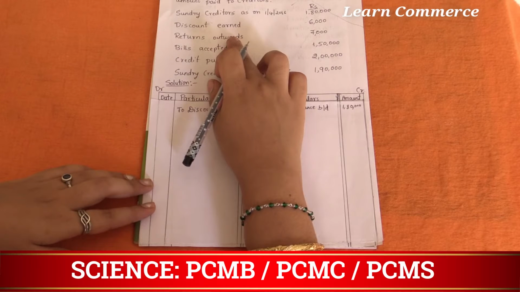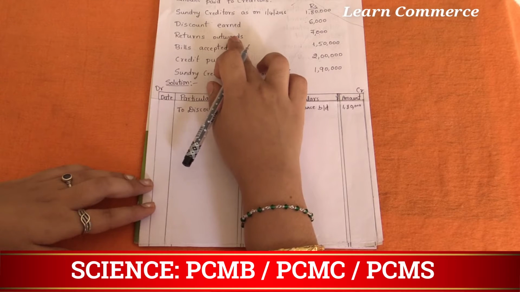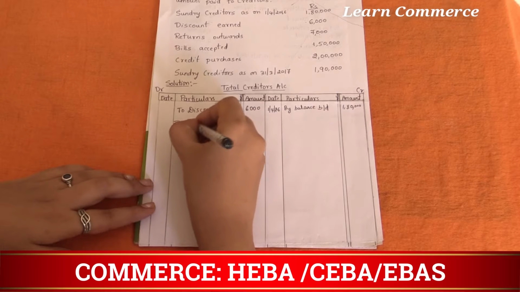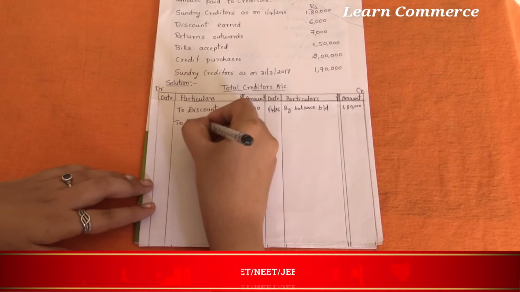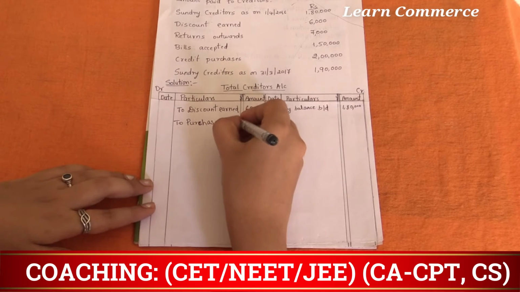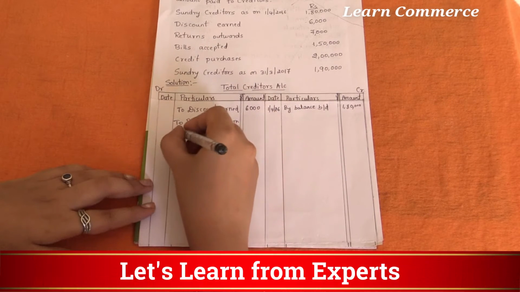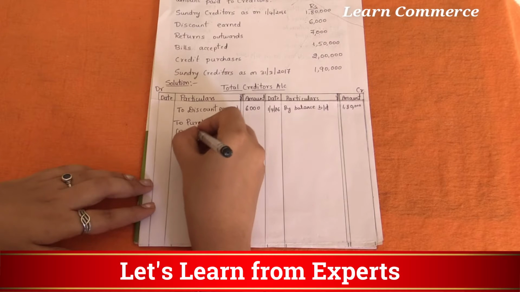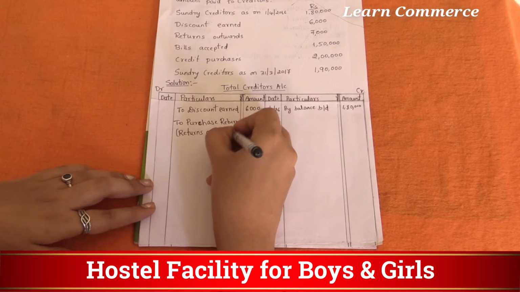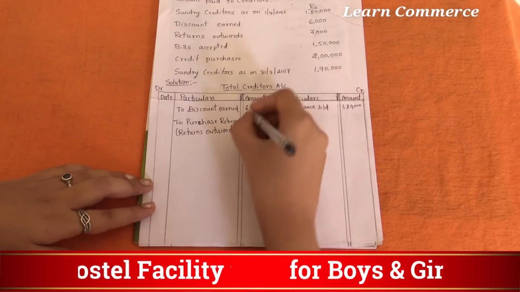Return outwards is nothing but it is purchase return. This one we should record in debit side to purchase return, bracket returns outwards. Amount is 7,000.